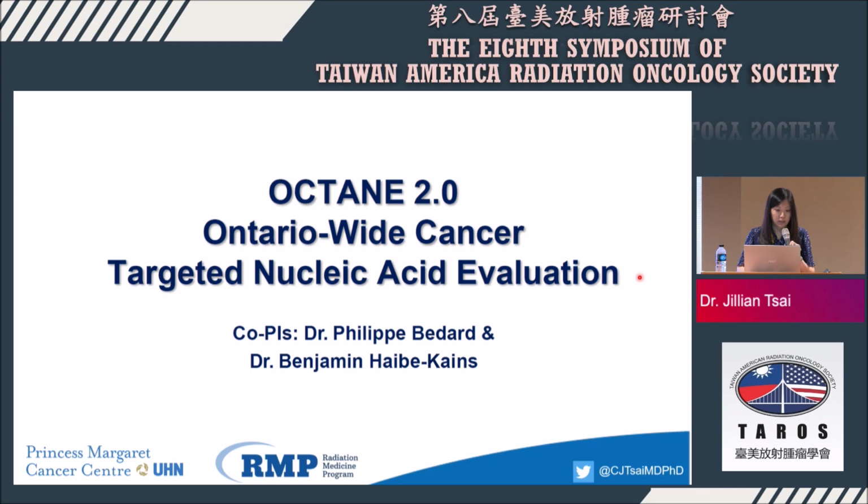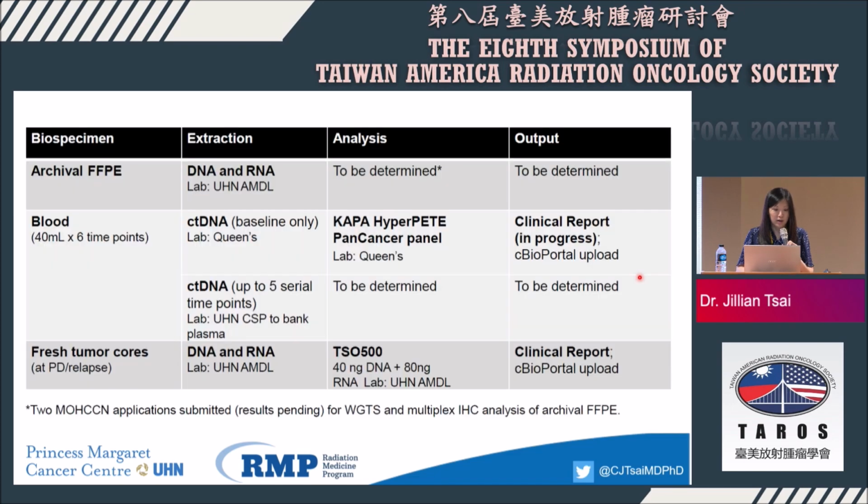In addition, as I mentioned before, collecting blood samples for genetic analysis is very important to study the biology. So in the province of Ontario, we have an Ontario-wide cancer-targeted nucleic acid evaluation. The program collects blood and tissue from our cancer patients to be analyzed by various different assays.